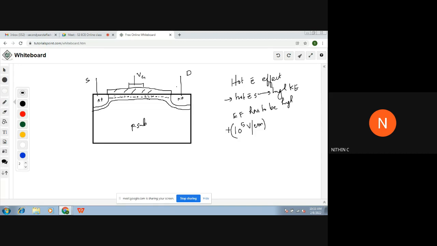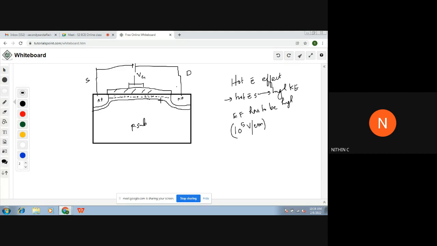So now what happens? That is actually this effect. The usual flow of electrons is from the source to drain. When we are applying a positive voltage VDS on the drain side, the electrons will move through the channel from source to drain. That is actually the usual flow of electrons.